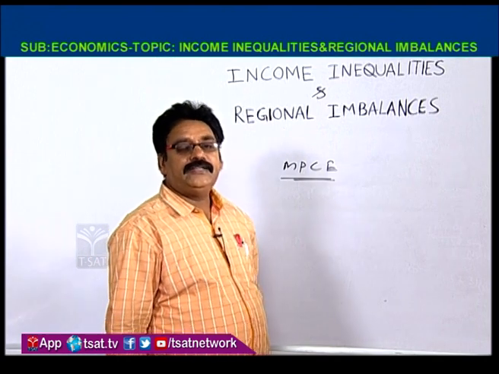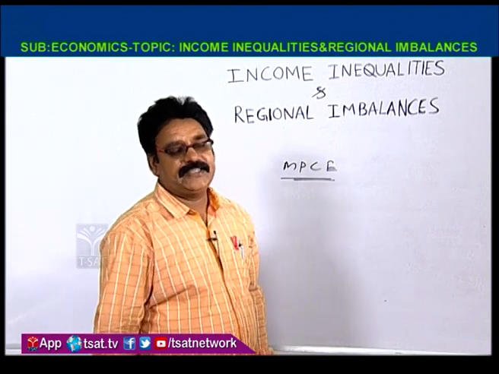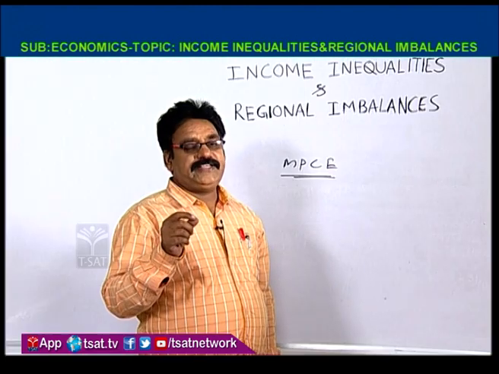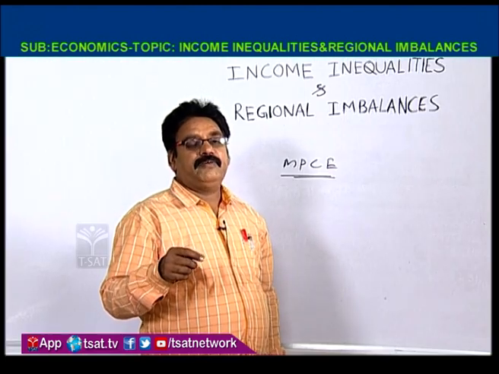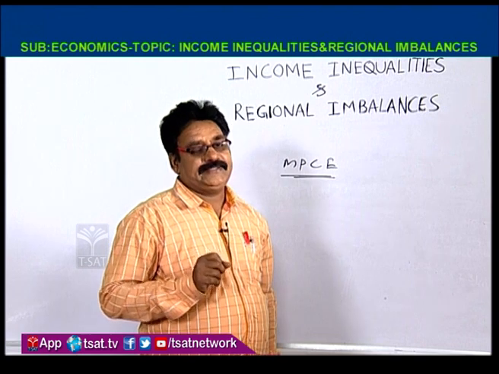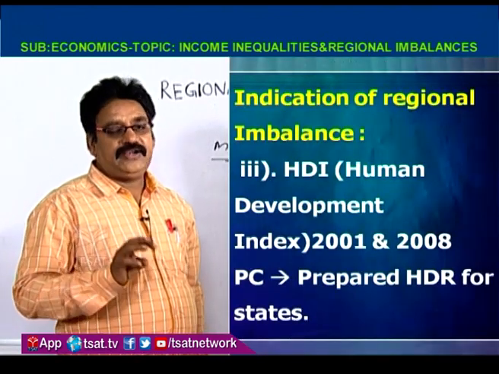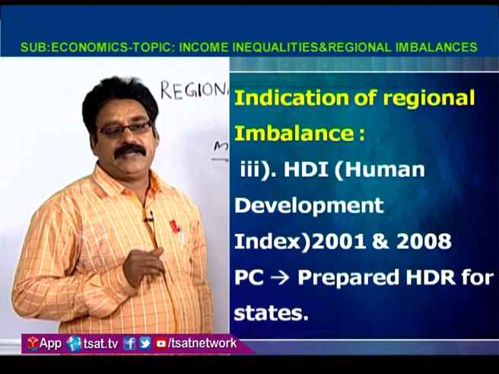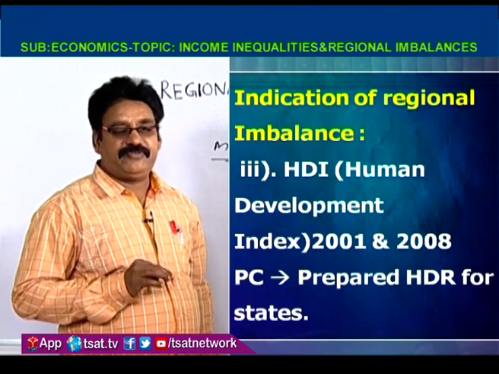Third indicator, human development index. The human development index is first measured by UNDP. The same approach we followed: our Planning Commission prepared HDI for states during the period 2001 to 2008, that is, Human Development Reports for states.